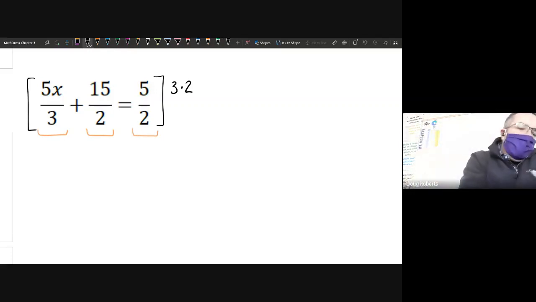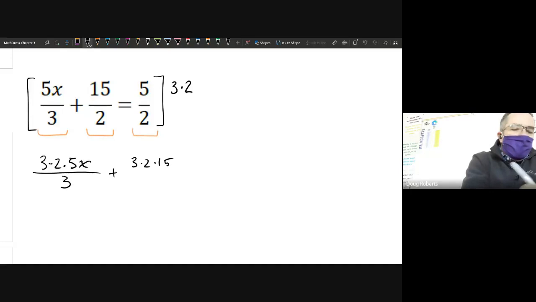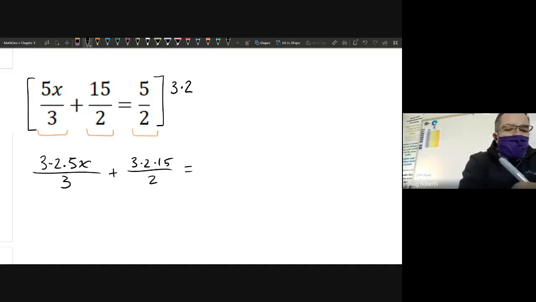So in the first instance, I'm going to have the 3, 2, and then I've got the 5x, so you can see what I did, and then over 3. The next one's going to be the 3, 2, and the 15, and that's over 2, equals the 3, 2, the 5, all over 2.